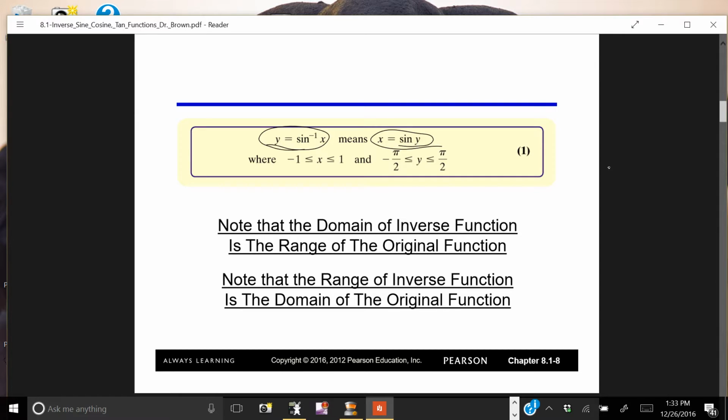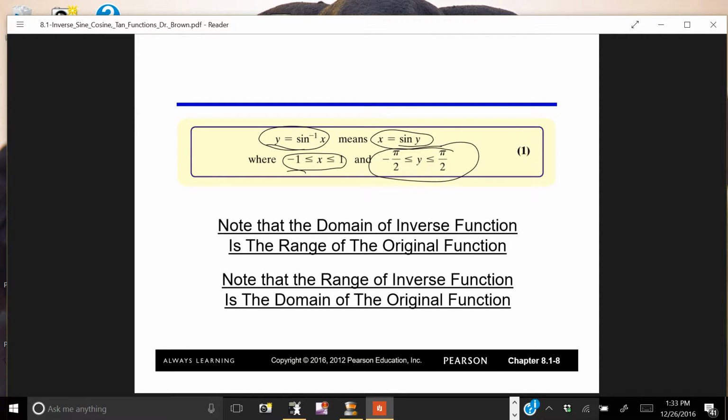So where x is between minus 1 and plus 1, recall now that the sine function can only be between plus and minus 1, and y is restricted to be between minus pi over 2 and plus pi over 2.